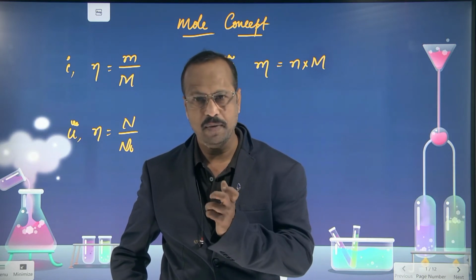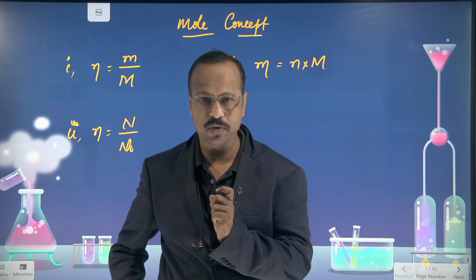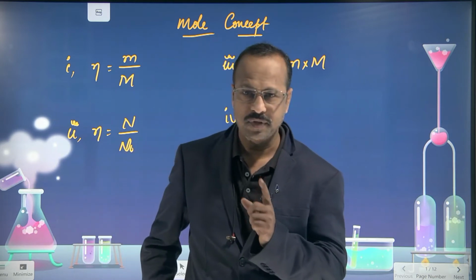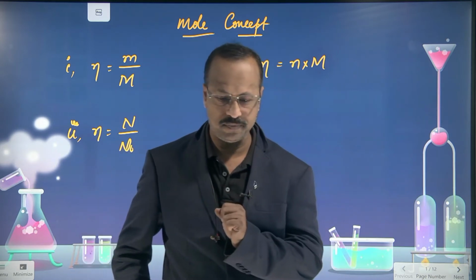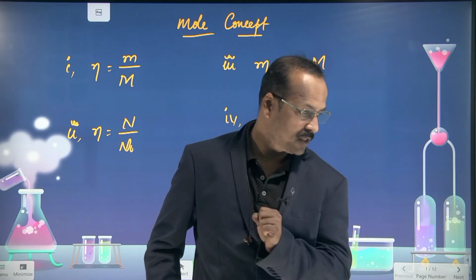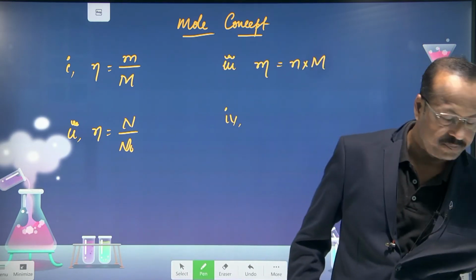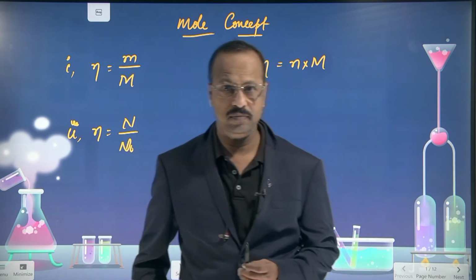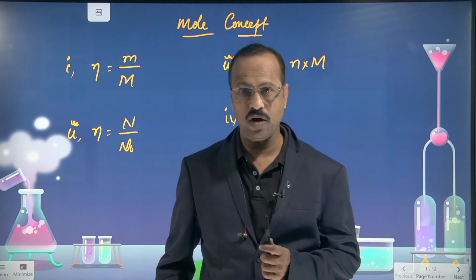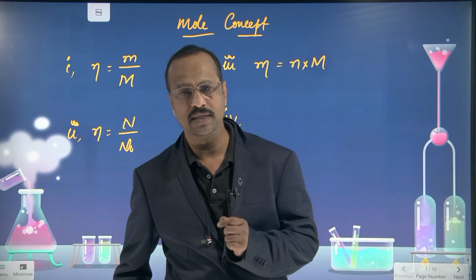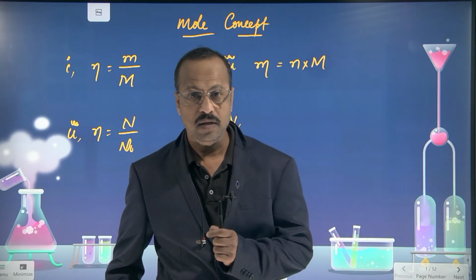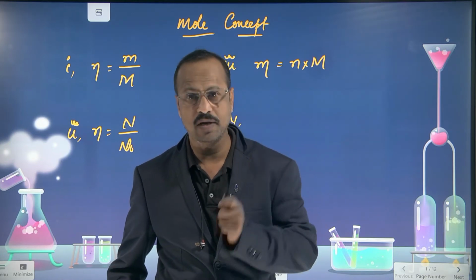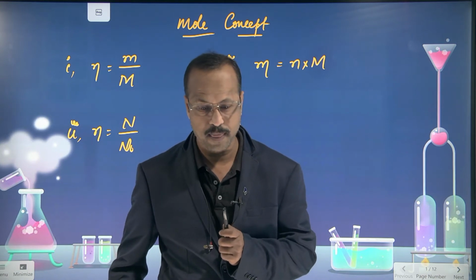This is also equal to Avogadro's number. Based on this, I explained that the mass of 1 mole of any atom is equal to its atomic weight, and the mass of 1 mole of any molecule is equal to its molecular weight. This also we discussed, right?